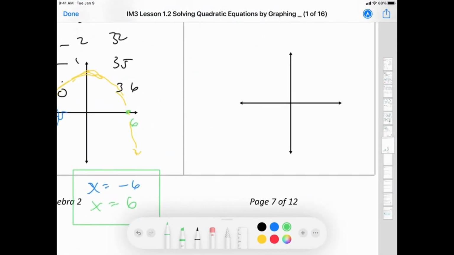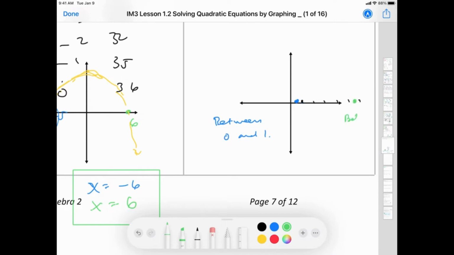Okay, so number 20, this one was between 0 and 1, and that's referring to the x values. And this one is between 5 and 6. 1, 2, 3, 4, 5, 6.